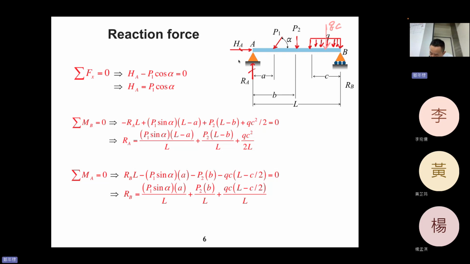And of course, excuse me, sorry, this is half C. Okay, so now you will have another reaction force on B, which is RB.